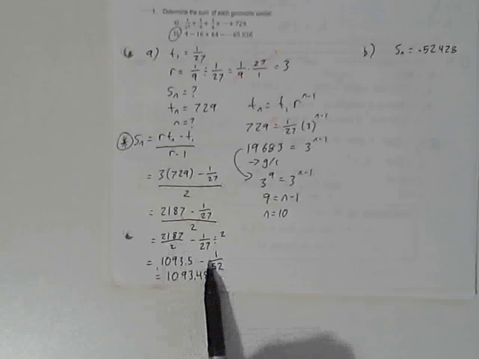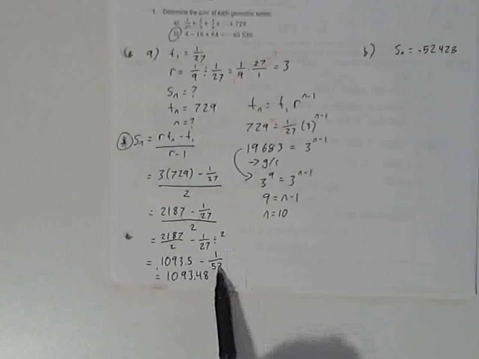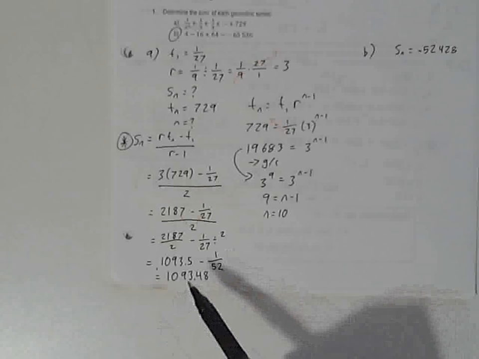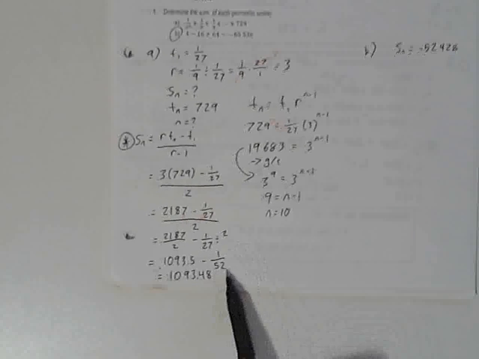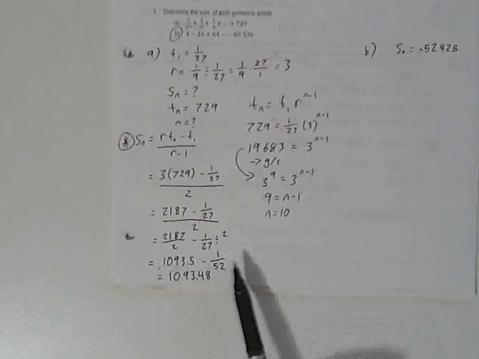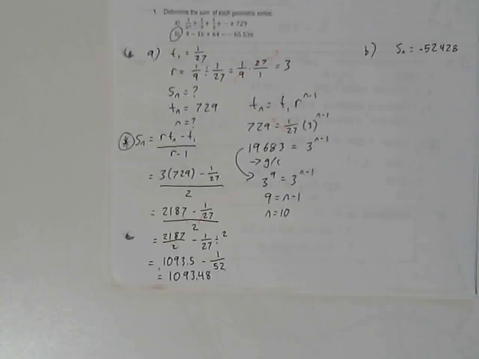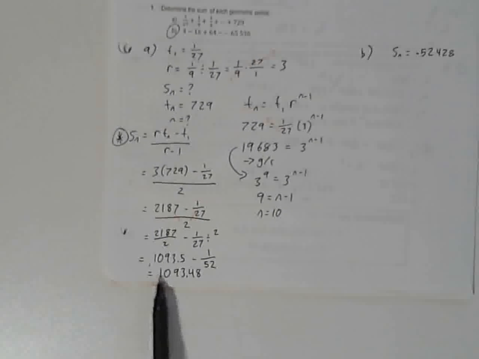So in this case, I don't want the denominator to be 54ths, and the numerator to be in the 10,000s. But it's not very nice. So at that point, I realized that it's probably going to be better just to give it as a decimal. Calculating this as a decimal, you should get 1,093.48, roughly. So that was rounded.